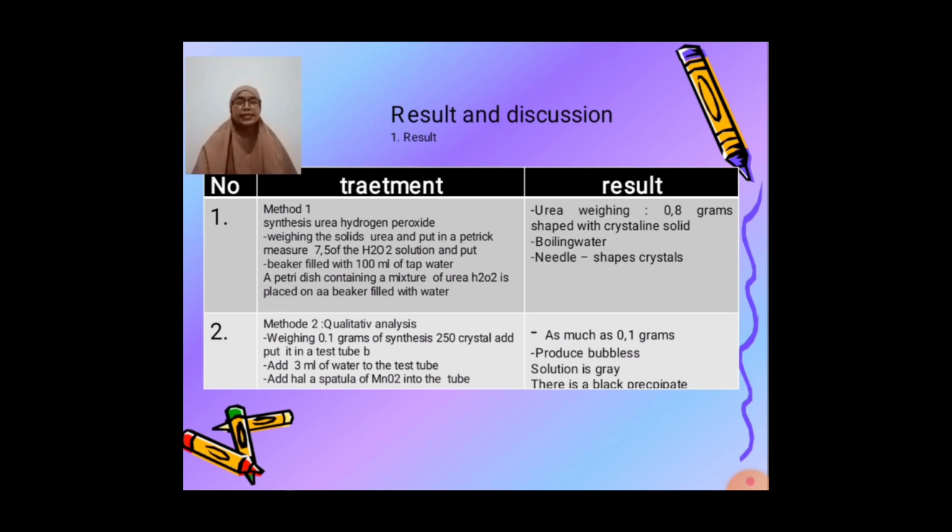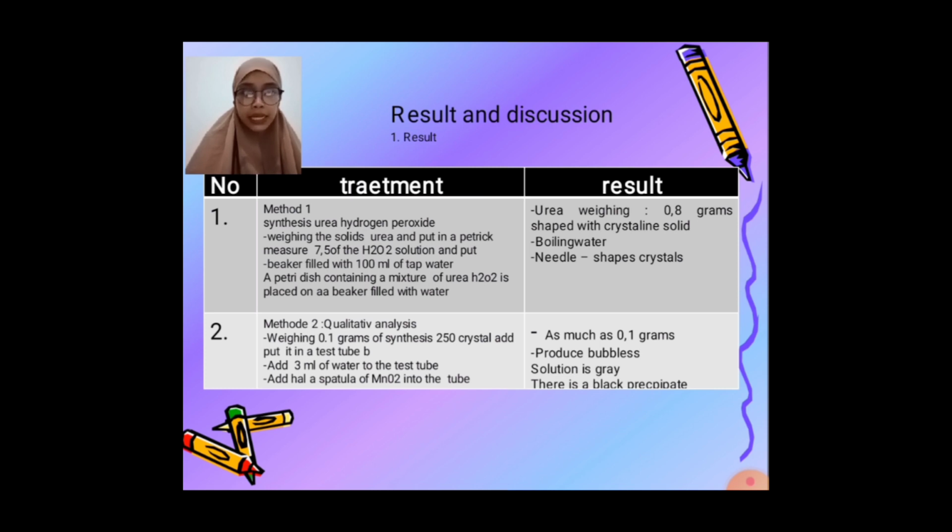Result and discussion. First, treatment one method: synthesis of urea hydrogen peroxide. Weigh the urea solids and put them in a Petri dish, measure 7.5 ml of the H2O2 solution, and use a water bath. A beaker is filled with 1000 ml of tap water.